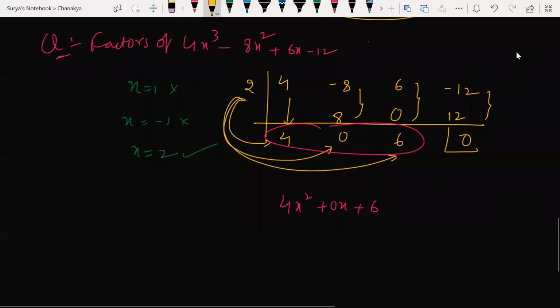How do you factorize this? 4x square plus 6. That's it. How do you factorize 4x square plus 6?